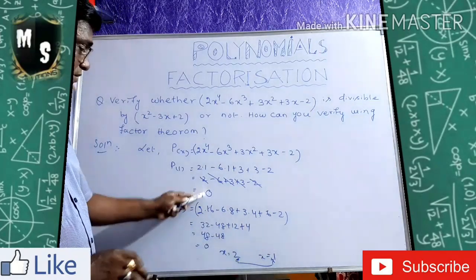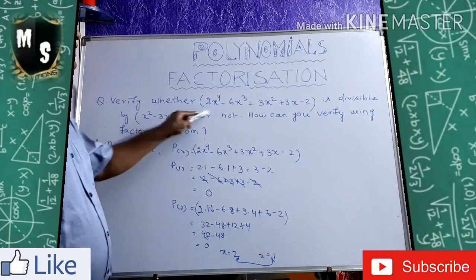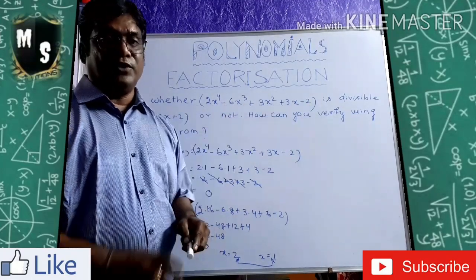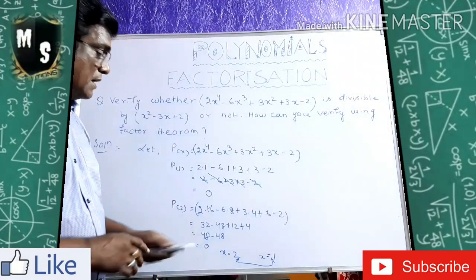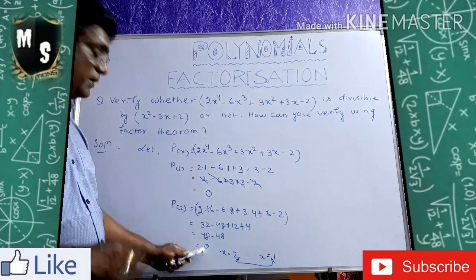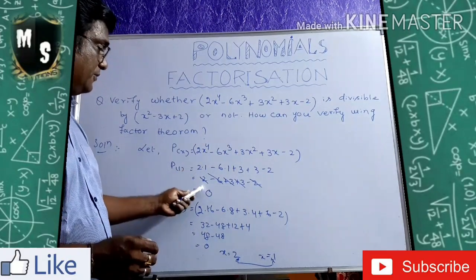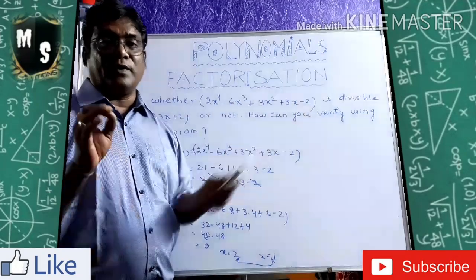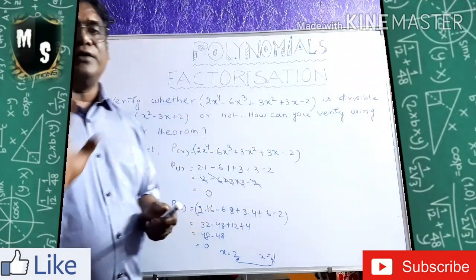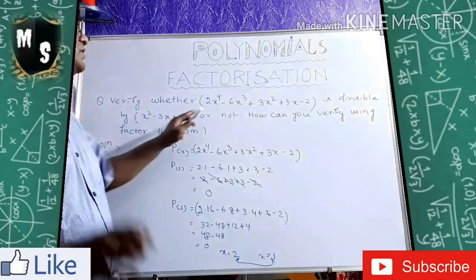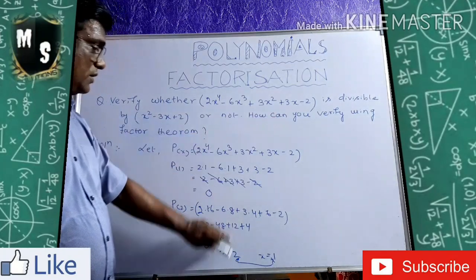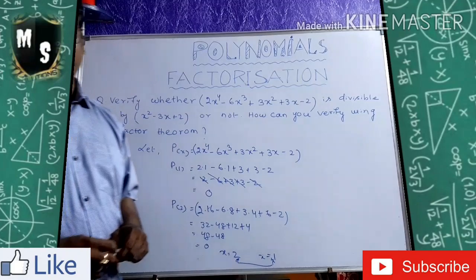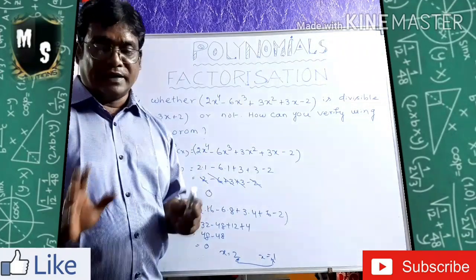Then only it will divide the big polynomial. Suppose you say, sir, if one value is giving 0 and another value is not giving 0, then for that value it is going to divide this. Otherwise, if it is not giving 0, definitely this polynomial is not divisible by this polynomial. This is called using the factor theorem. I hope you understood it nicely.